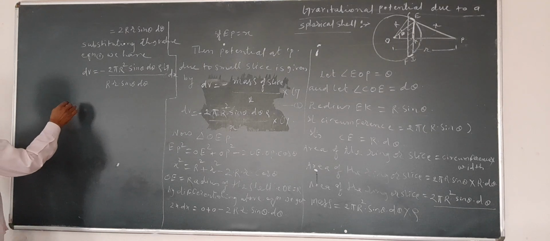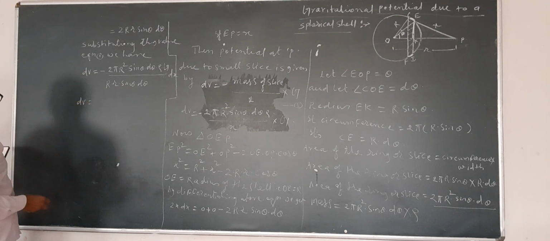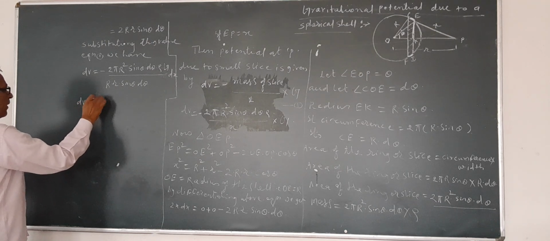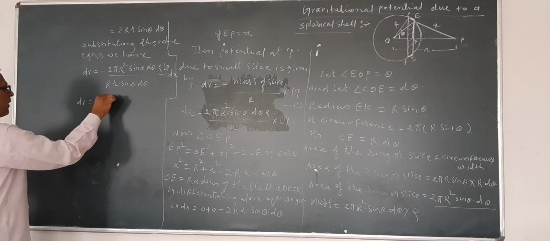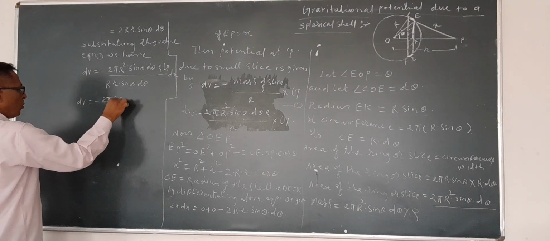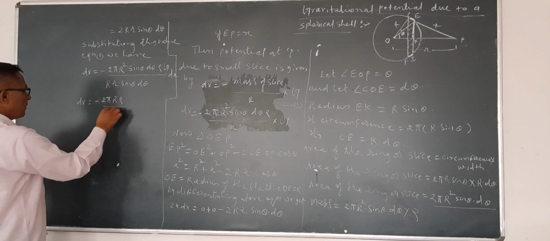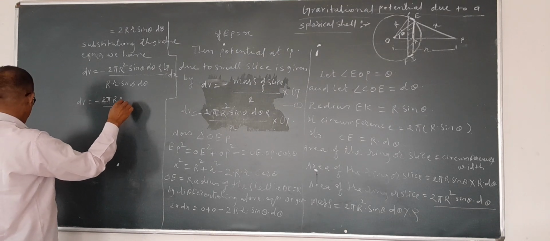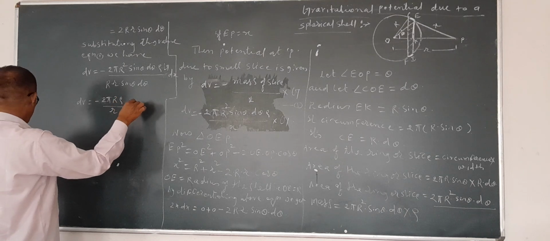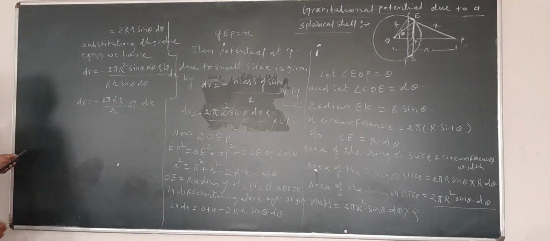Therefore, after simplifying, dV equals minus 2π R ρ G upon r dx. We are getting it this way.